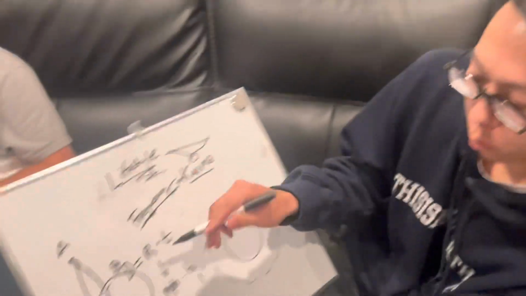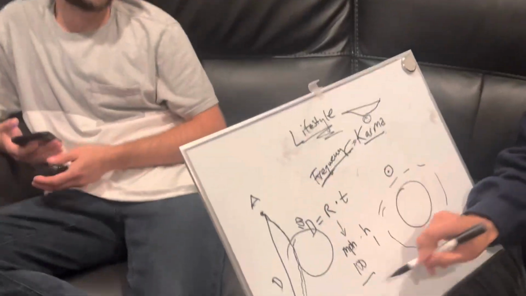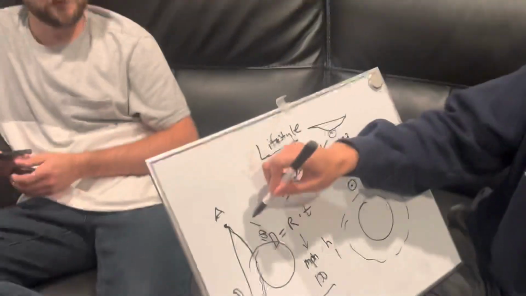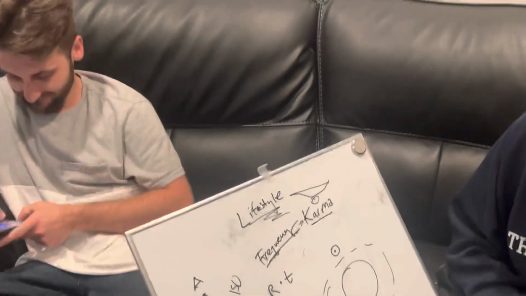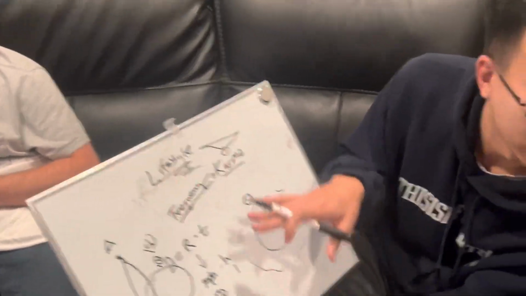You're still going at 100 miles an hour, and the distance has now increased. Instead of 100, it could be 150 because you're going around instead of straight. So the only other variable that can change here is time.